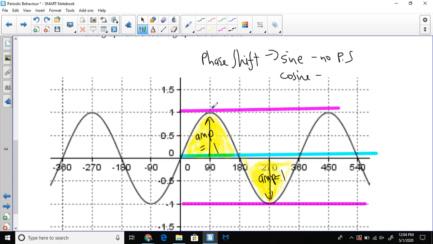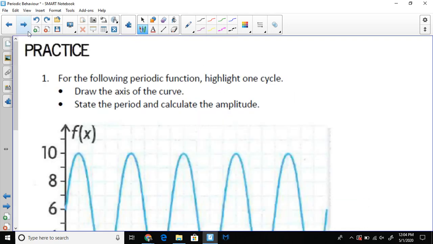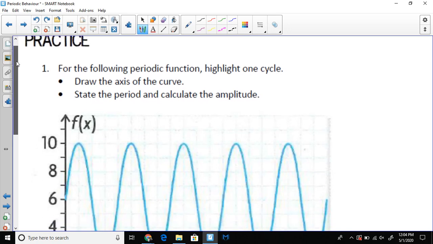What was the sine cosine phase shift? Cosine started here and went down and up like that. So that would be a shift of 90 degrees in the positive direction, okay? But we'll get into that more as we progress, like during our last week of trig. So let's just do all that now.